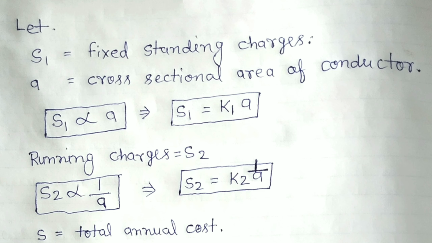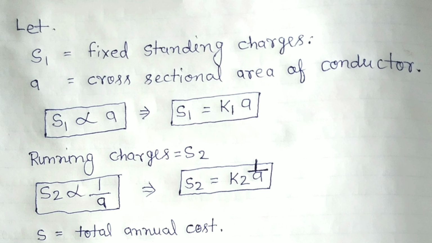Then S1 equals K1 into A, where K1 is a proportionality constant. Again, running charges equal S2. S2 is inversely proportional to the cross-sectional area of the conductor. Then S2 equals K2 upon A.